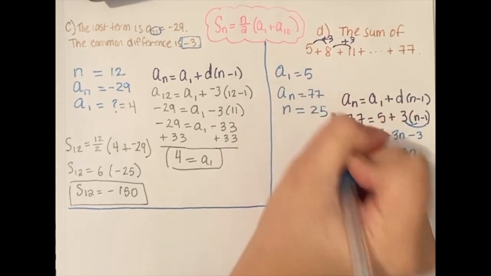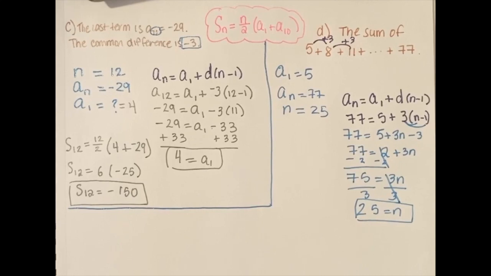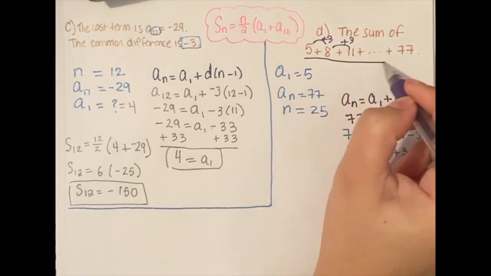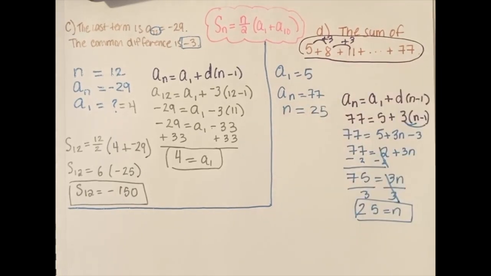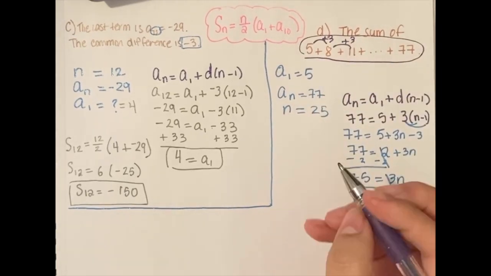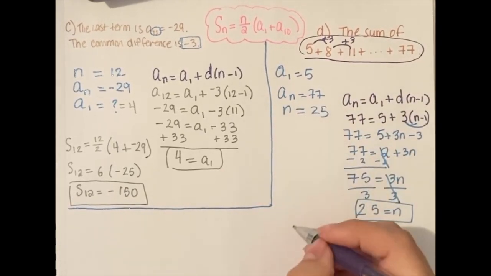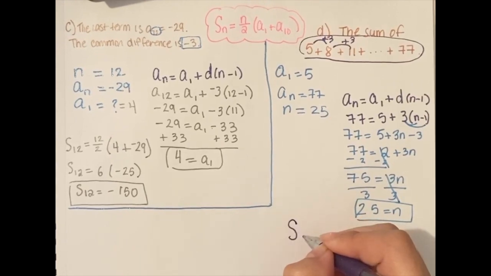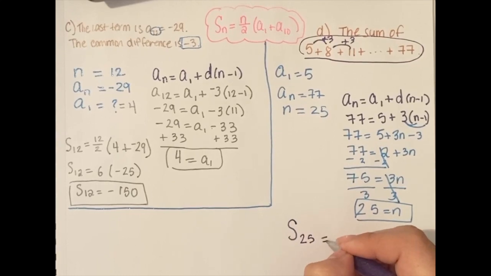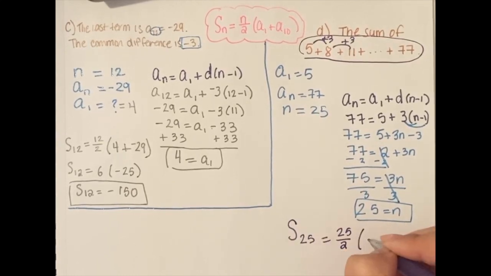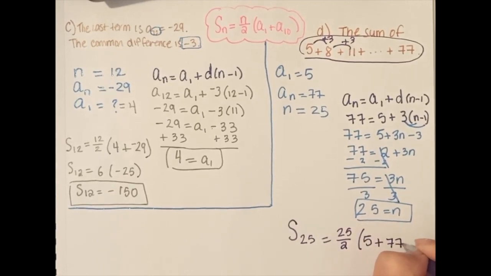So we just found everything we need to find the sum of this series right here. So I don't have too much room here, so I'll do it here. The sum of the 25 terms, I just found out it's 25, is equal to 25 divided by 2 times the first term plus the last term.